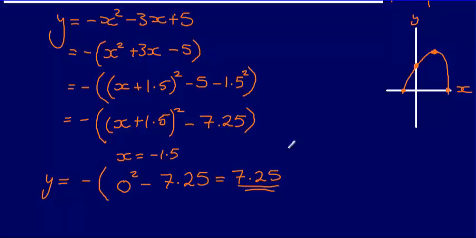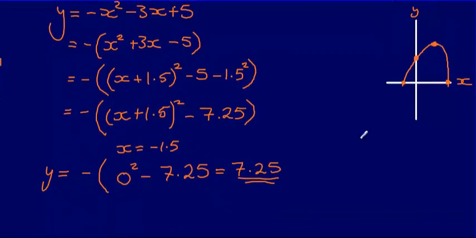Okay, so that's our first point. We've got our turning point, and we'll just list this over here. So our maximum point in this case is going to be minus 1.5, 7.25.